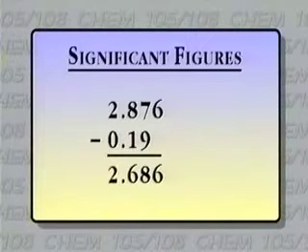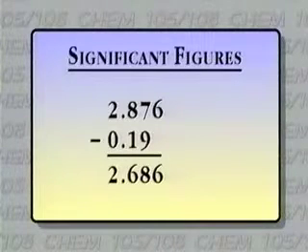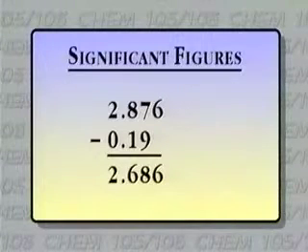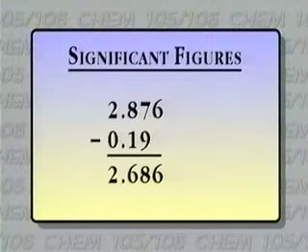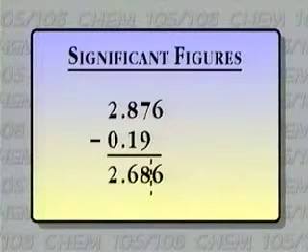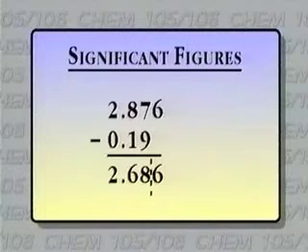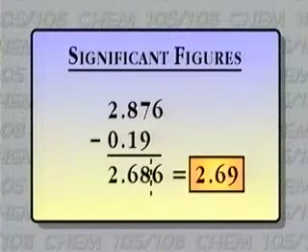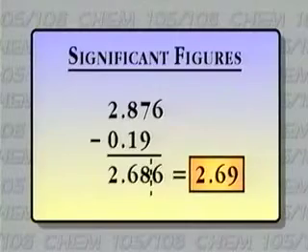So we have 2.686 just by doing the mechanics. Now, we're only allowed 2 places after the decimal, and seeing that the 6 is greater than 5, our final answer should be written as 2.69.